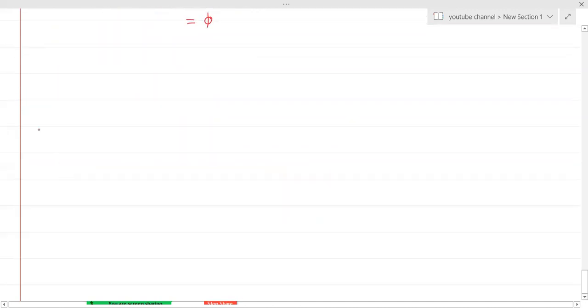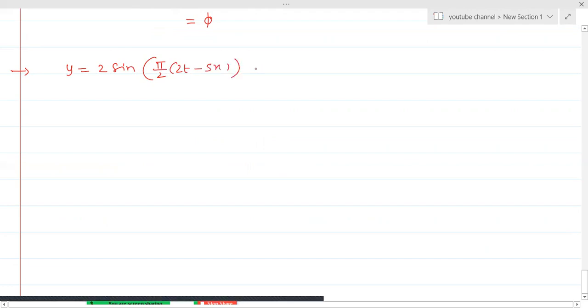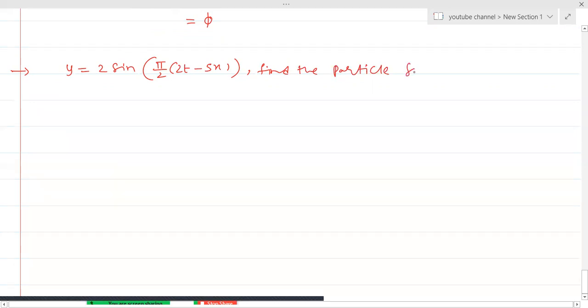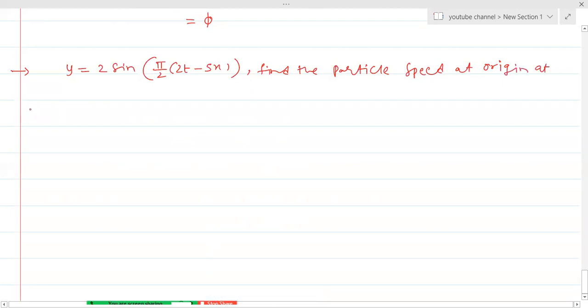And we have some applications of those. For example, if it is given as y is equivalent to 2 sine pi by 2 into 2t minus 5x. So here the question is, find the particle speed at the origin at t equivalent to 0, comma 1 seconds.